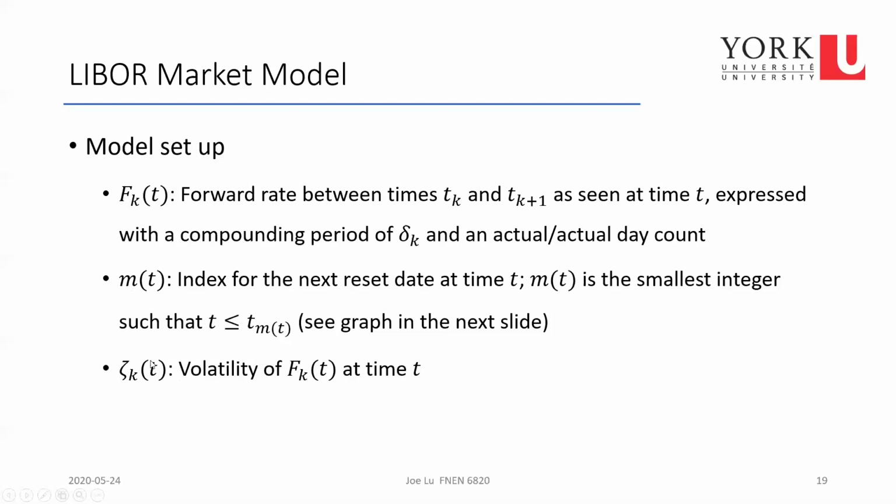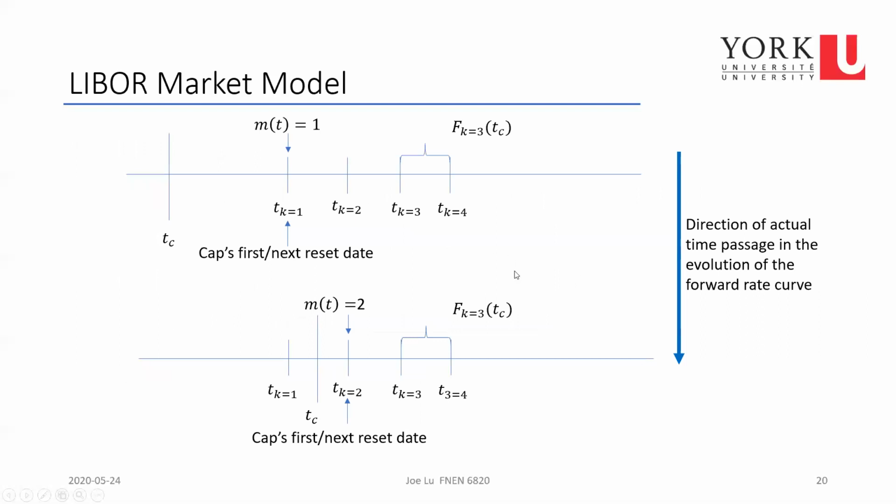Also this little t means the current time, the time at which the whole term structure is observed. So let's use a graph to show that. First of all, what is m(t)? These two lines are the evolution of time.